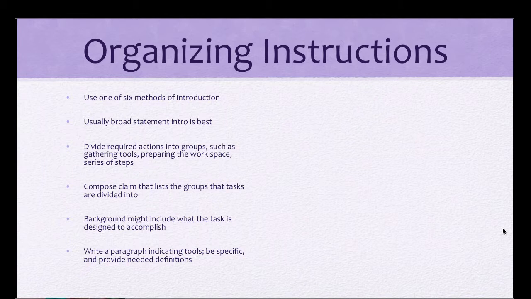Now, if I'm writing to people in computer sciences, they'll know what an HTML editor is. But if I'm writing to, for example, people studying communication or studying media or even studying English, they might not know what an HTML editor is. So this would be a place that when I discuss my tools, I would want to define what that is.